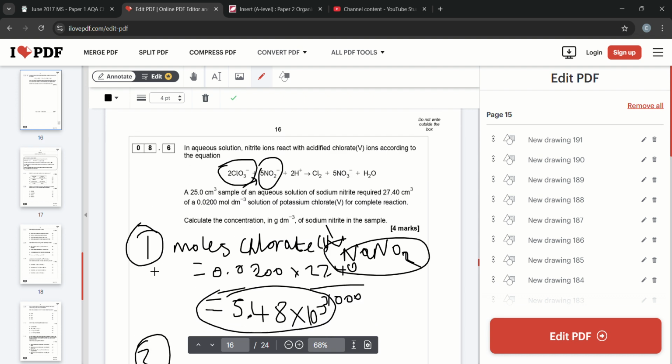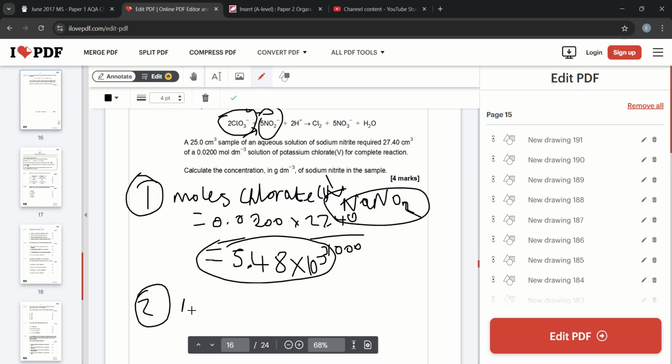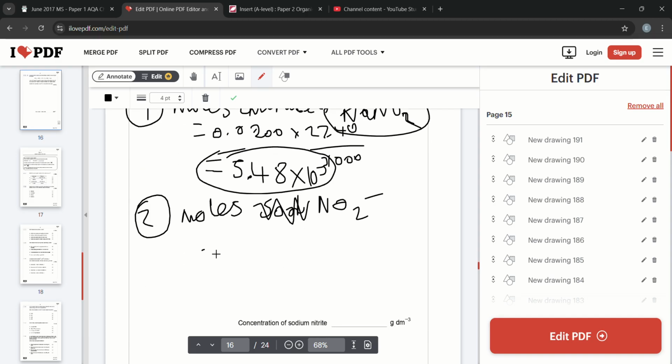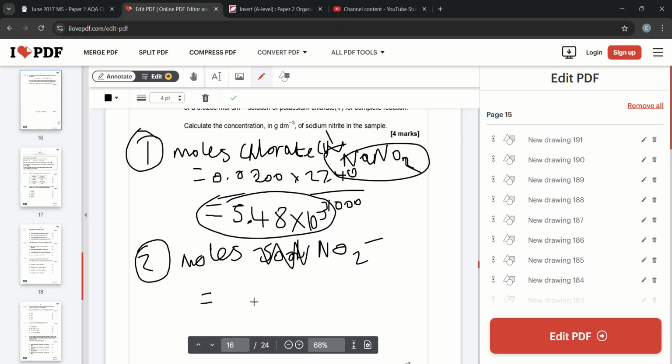So we've got the moles of ClO3 minus, and we know there's a 2 to 5 molar ratio between ClO3 minus and NO2 minus. So to find out the moles of NO2 minus, it's going to be the moles of ClO3 minus divided by 2 times by 5.